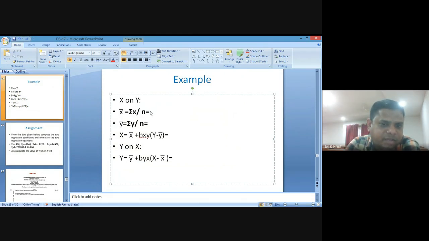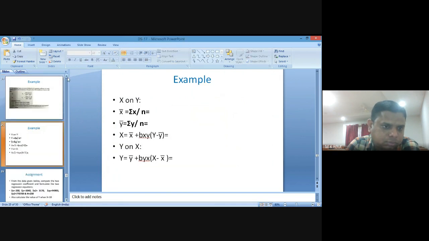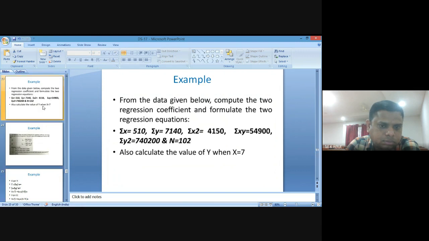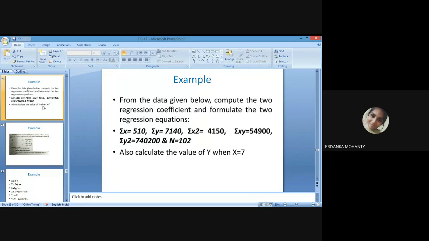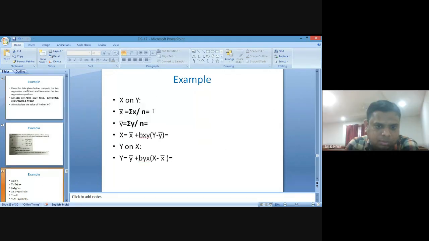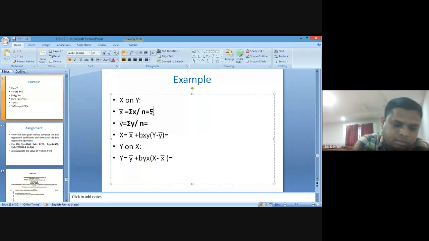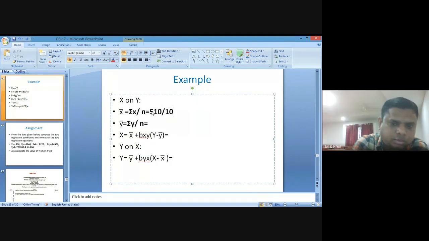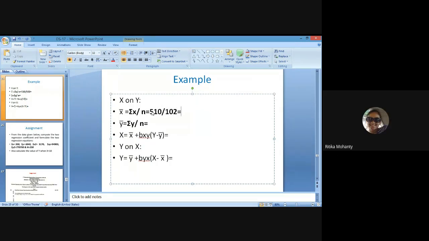Summation of x is already given, 510, divided by n. What is the value of n? 102. That equals 5.